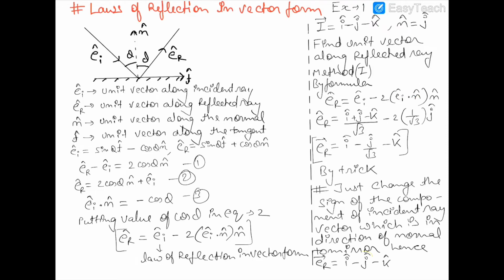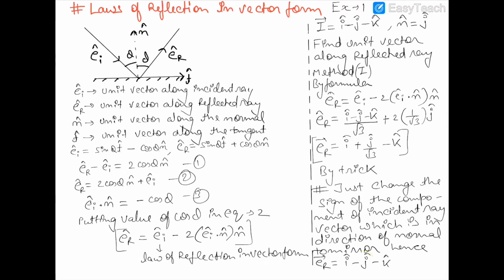Now as I have changed the sign of j cap, I am changing this sign here also. This will be a negative sign. So now in this case, if I am multiplying this, then there will be a positive sign here and a negative sign here, and 2 by root 3 j cap minus 1 by root 3 j cap is plus j by root 3.